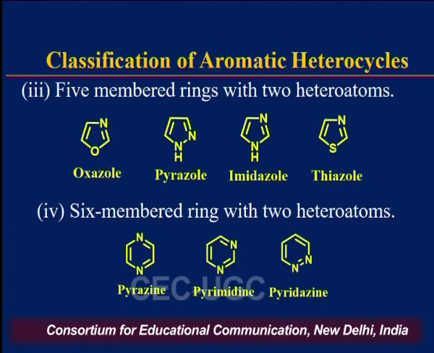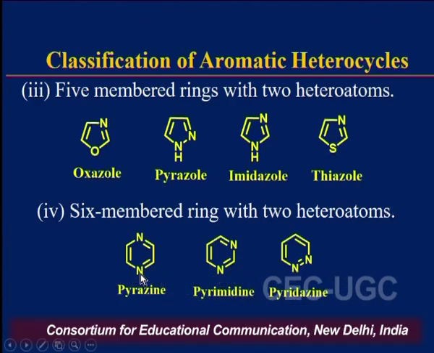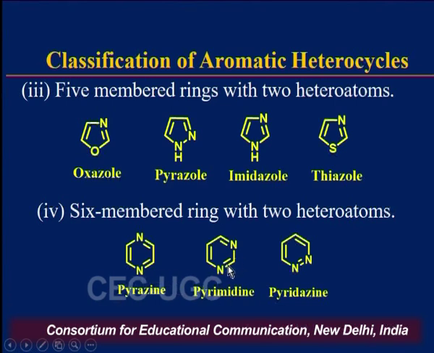In the case of pyrazine, both nitrogens are separated by 1,4 position. In the case of pyrimidine, both nitrogens are separated by 1,3 position. And in the case of pyridazine, both nitrogens are separated by 1,2 position.